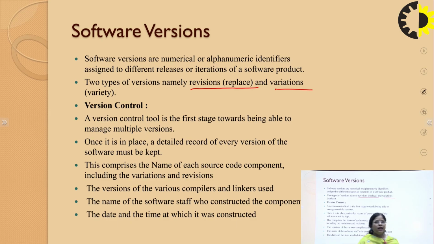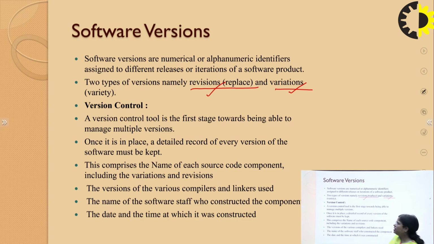When we apply changes on a large scale, the software comes under the category of variations. If we apply minute changes to the code, it comes under the category of revisions.